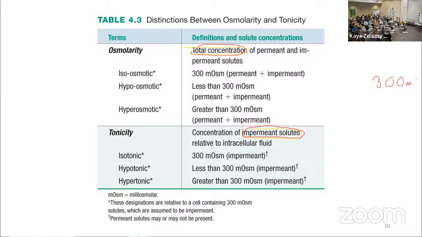So that's our baseline for a cell. So iso means the same, in the case of cells this means 300 milliosmoles. Hypo means lower, less than 300. Hyper means greater, greater than 300.